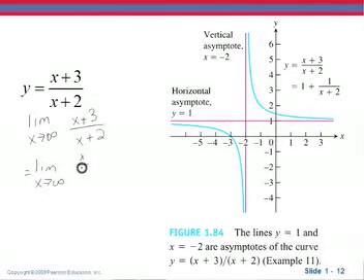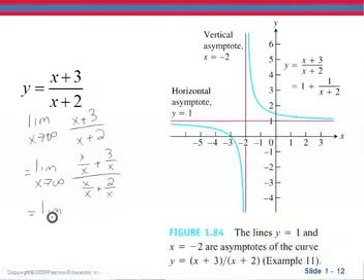So on top we'll have x divided by x plus 3 divided by x, and in the denominator we'll have x divided by x plus 2 divided by x. When we simplify, that's the limit as x approaches infinity of 1 plus 3 over x divided by 1 plus 2 over x.